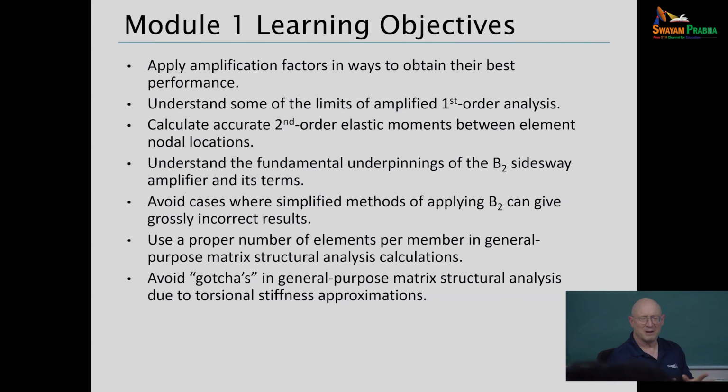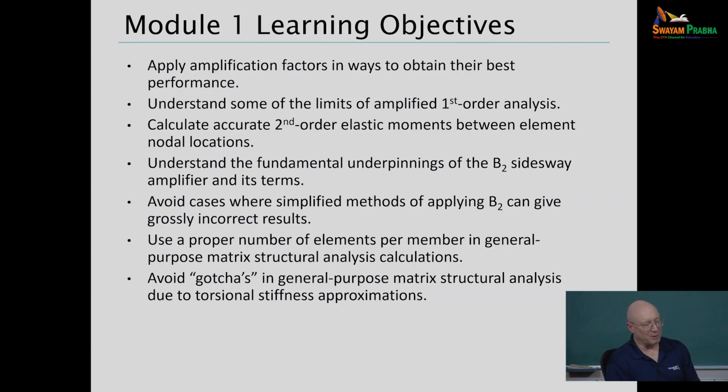I'm going to focus mainly on, okay, here's, I think the AISC provisions have things set up fairly well for what they're good for. But there's limits, so we'll see some aspects of that as we're studying a few things.